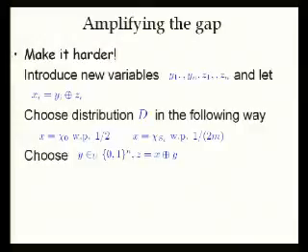However, it's not sufficient for our purposes because we have to amplify the gap. And in order to show that there is no learning algorithm, we have to amplify the size from one small polynomial to some large polynomial.